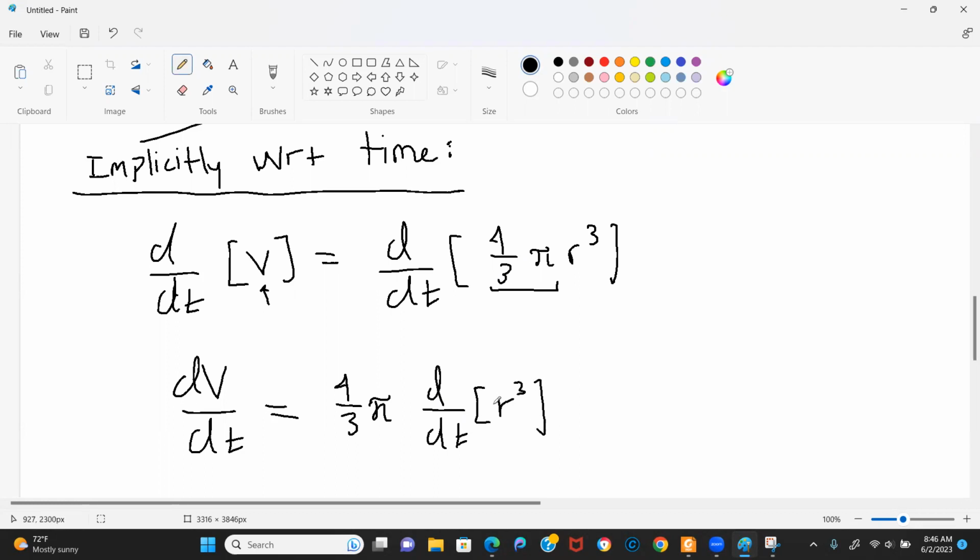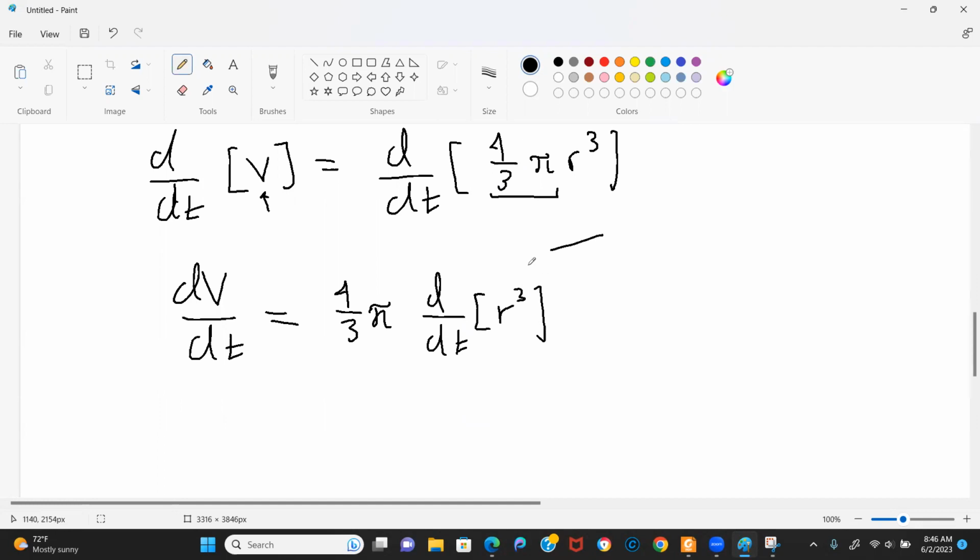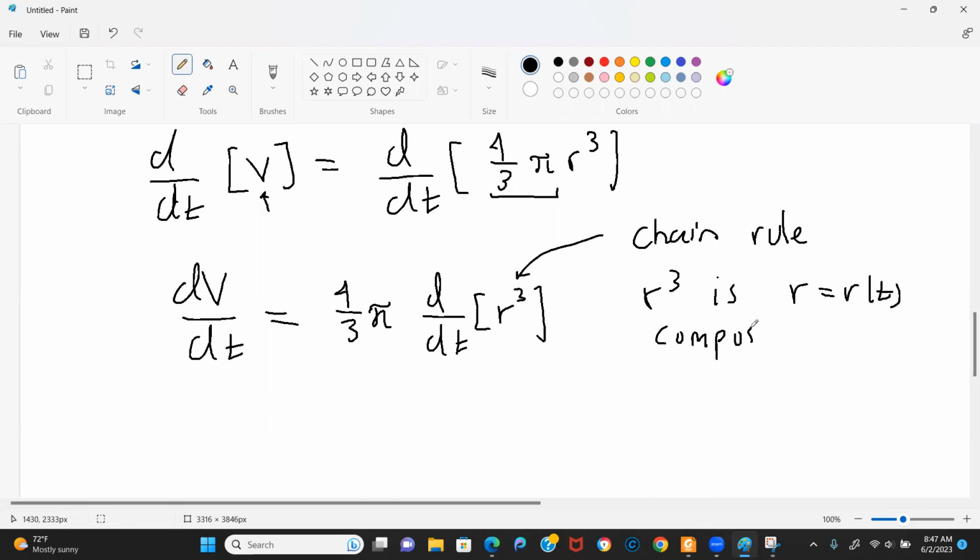And r is a function of time, so right here we need to think chain rule. Because we have r, which is our inside function, composed with this cubing function. We can think of r cubed as r, which you can think of as r of t, a function of time, composed with t cubed.